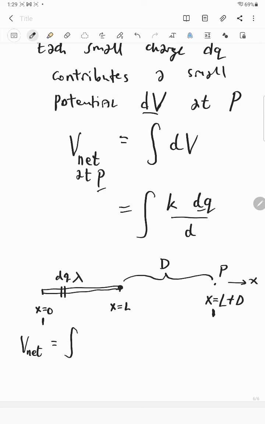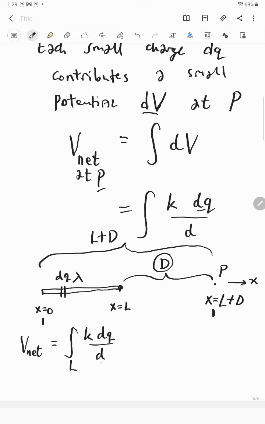If we start at the near end of the rod, the distance starts off as capital D and then gets as large as L plus D. So we'll do k dq over the distance, and the distance starts from this small value, then goes a little bit further away, and a little bit further, and so on. So we're going from D up to L plus D.